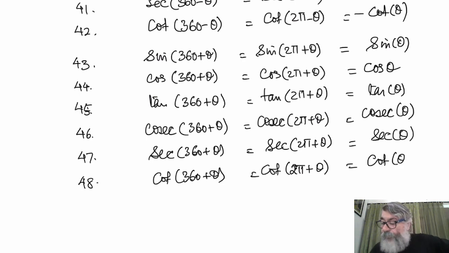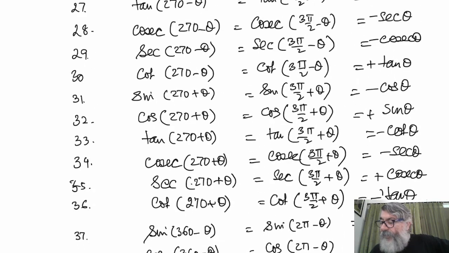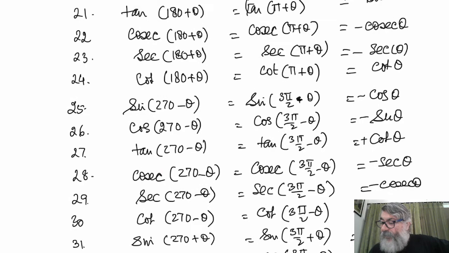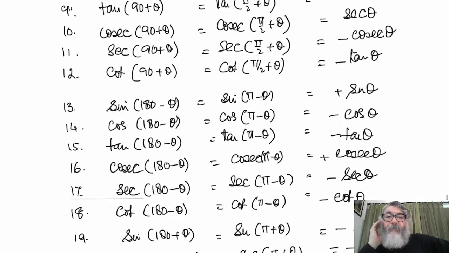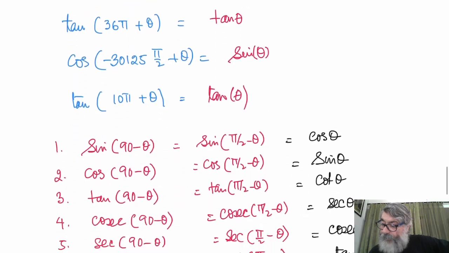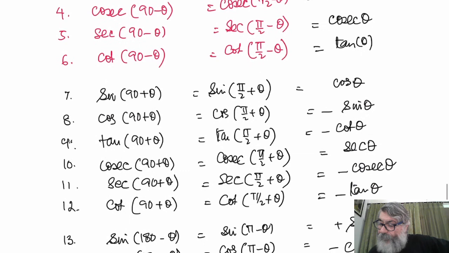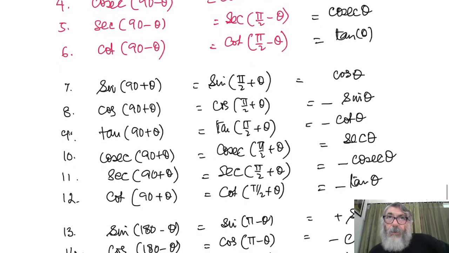This gives you 48 formulas. Actually it is nothing, it's very simple, because based on this we have done everything. Let me check 91 again. Sine 90 minus theta will obviously be positive. In the second quadrant only sine and cosec are positive.